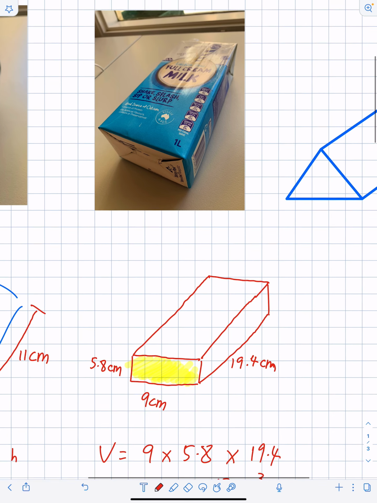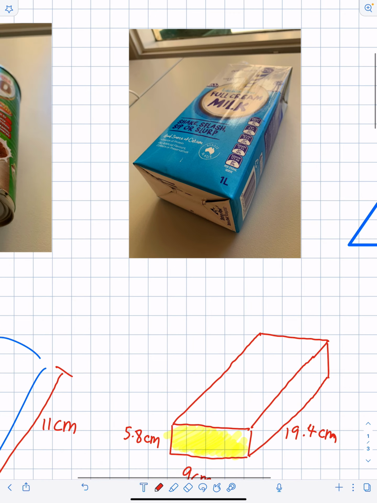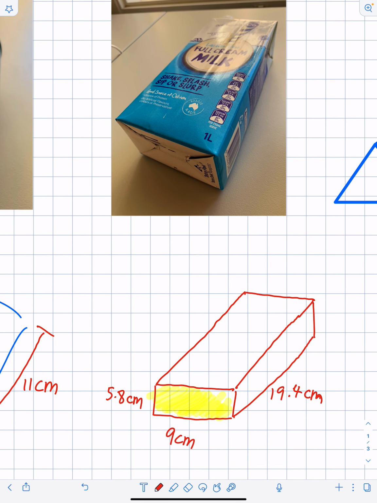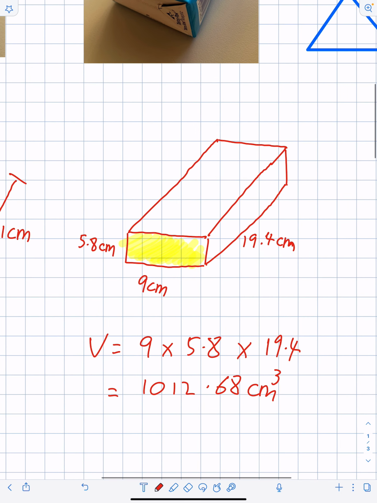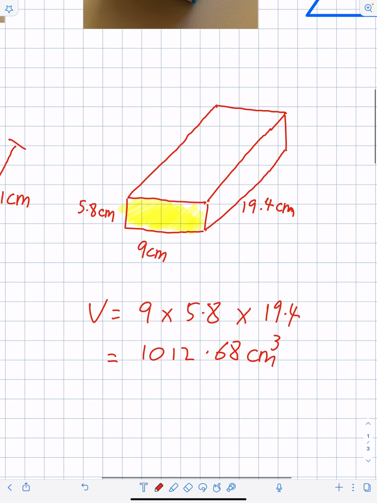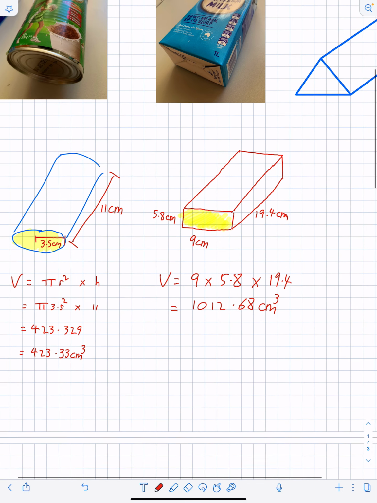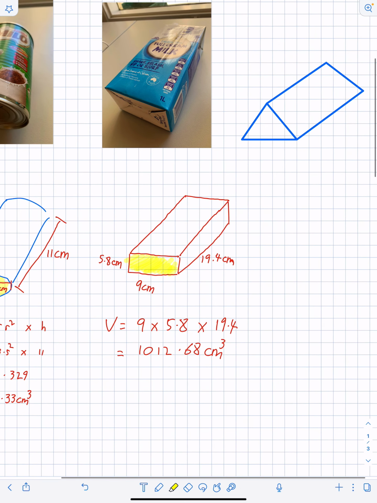Or maybe when they filled the milk, it's not quite filled up to the top to completely fill that rectangular prism. And so a true 1 litre should be exactly 1,000 cubic centimetres. But according to my measurements, I've got 1,012.68 cubic centimetres.